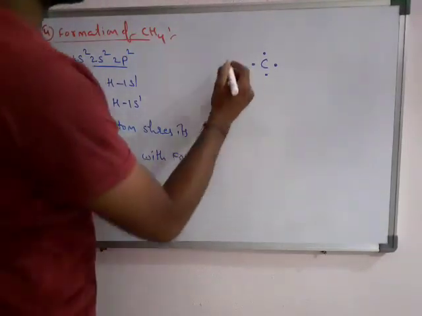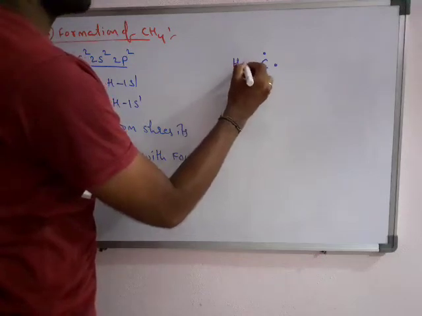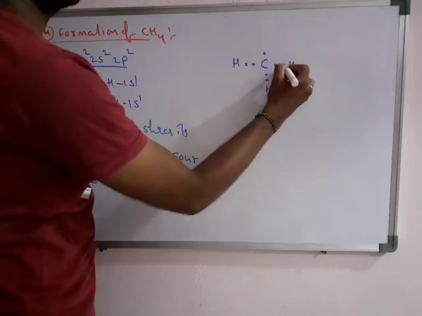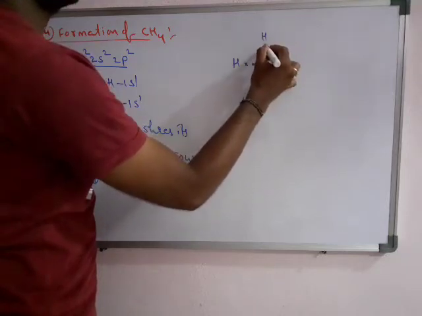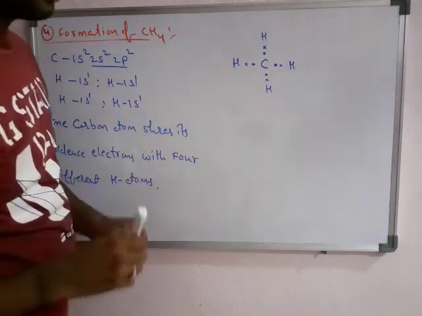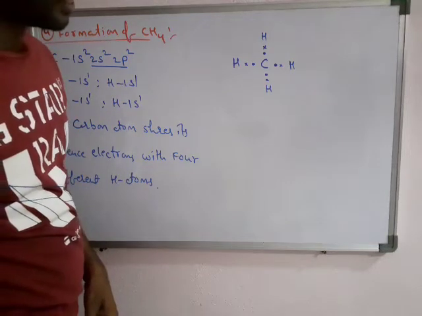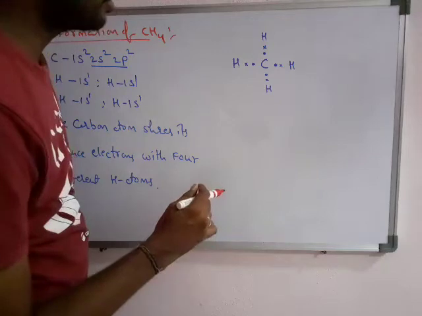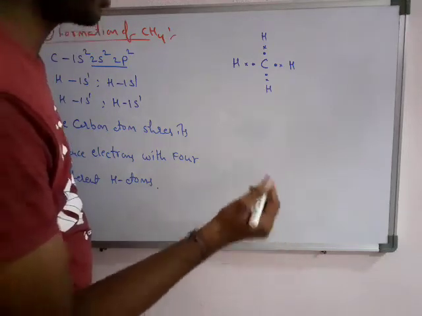Now what about hydrogens? Hydrogens have 1 electron each. Each hydrogen provides 1 electron and this carbon provides 1 electron to each hydrogen atom.